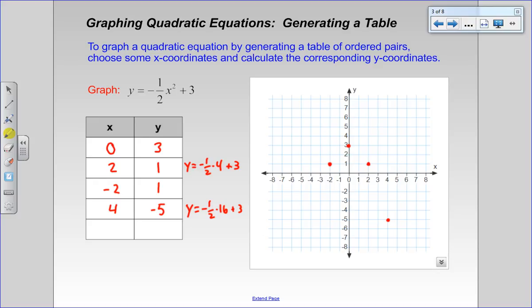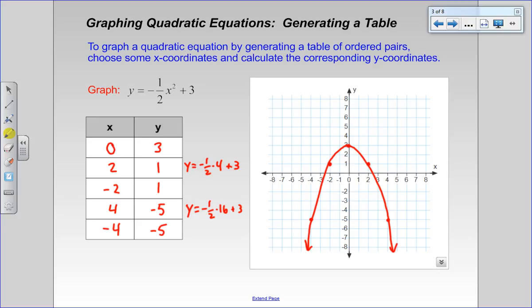And then again, if we allow x to equal -4, we should obtain the same y value, since -4 squared is still positive 16. So we can plot the point (-4, -5) as well. And now we can see our parabola. Let's connect these points to make the curve.